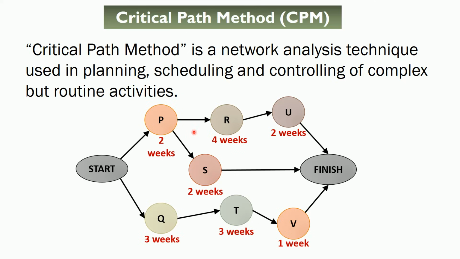This method is based on activity on arc diagram to show critical path of activities, as you can see in the diagram here, wherein the numbered nodes represent stages required for accomplishing the project while arc represent the crucial activities which are identified previously.